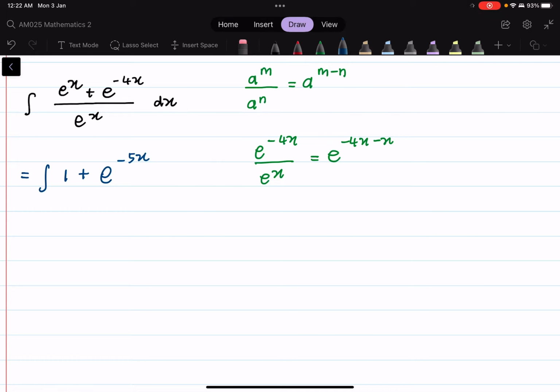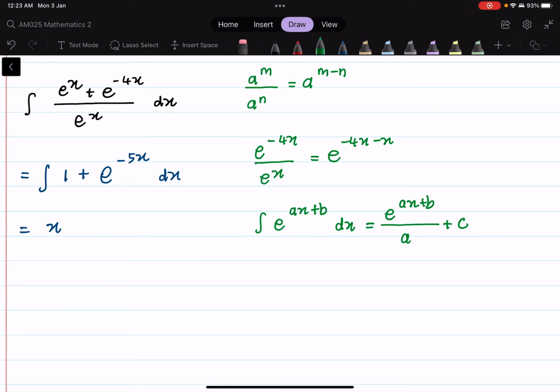So now we can already integrate. Integrate 1 with respect to x is x. Integrate e^(-5x) with respect to x. We're going to use the rule: integrate e^(ax plus b) with respect to x is e^(ax plus b), and we divide by a.